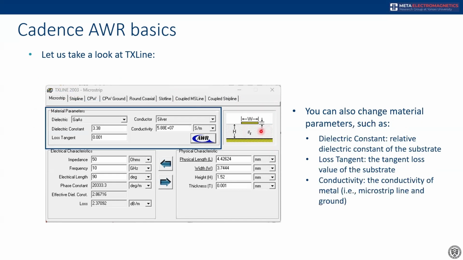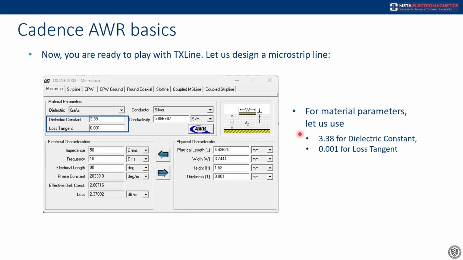You can also change material parameters such as dielectric constant, which is the relative dielectric constant of the substrate, loss tangent of the substrate, and conductivity of the metal, which will be assigned to model the microstrip line and ground plane. Now you are ready to play with TX line to design a microstrip line structure.